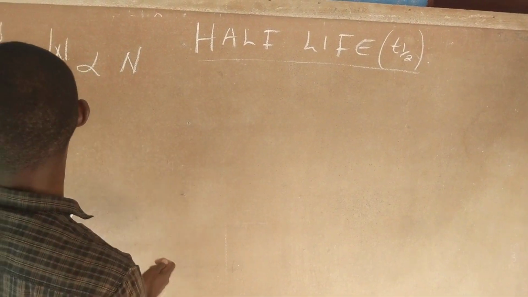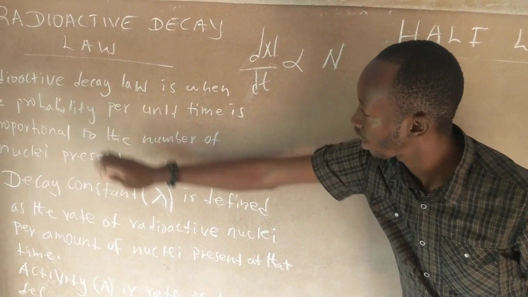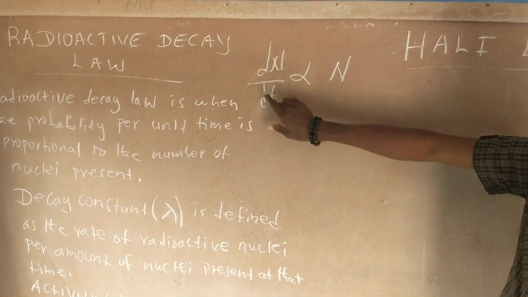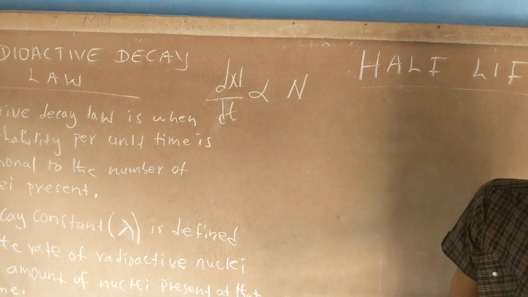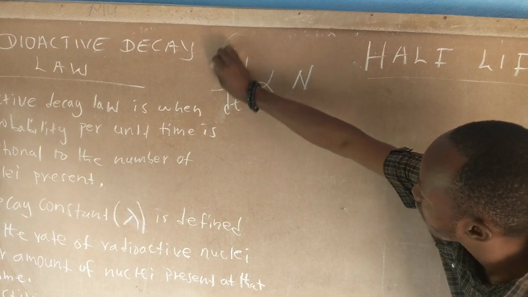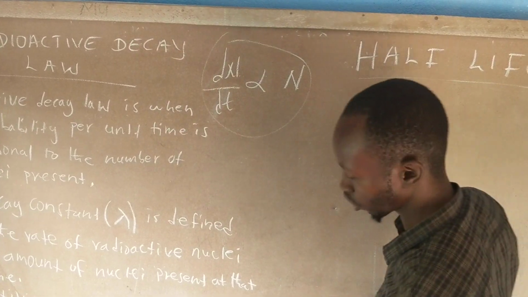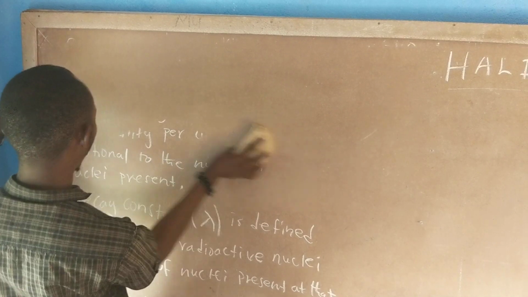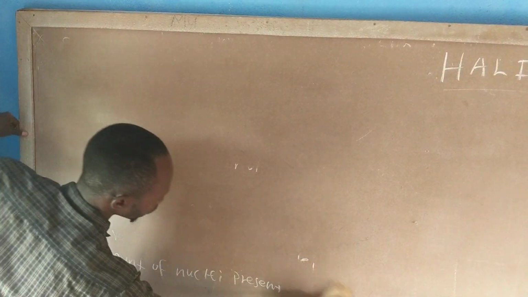If we recall the radioactive decay law, it tells us that the rate of decay is directly proportional to the number of nuclei. Let's derive it from this point.